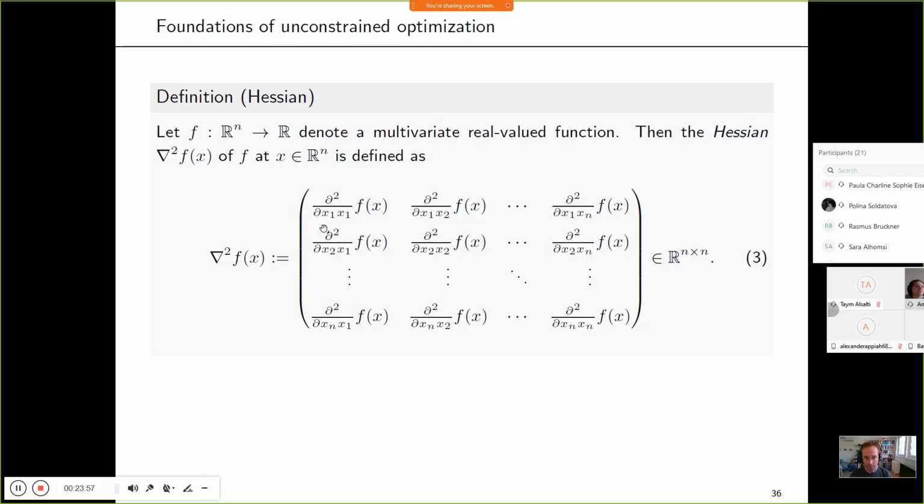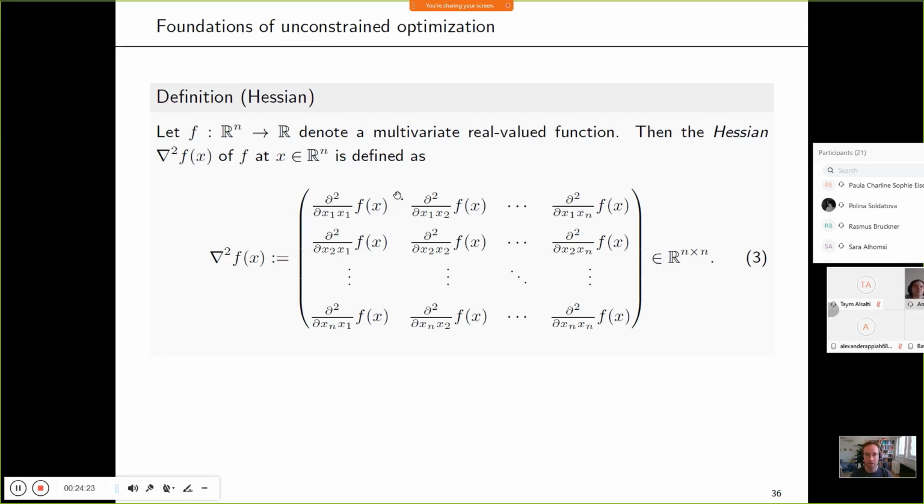Here you have the derivative with respect to x1. Actually, I'm just seeing that there's a typo. It also should have a partial in between all of those. So you have the derivative with respect to the first coordinate, and then you have also the additional derivative with respect to the second, and so on. And you basically write all of them out in a matrix.